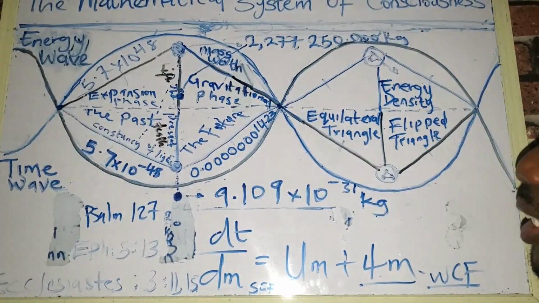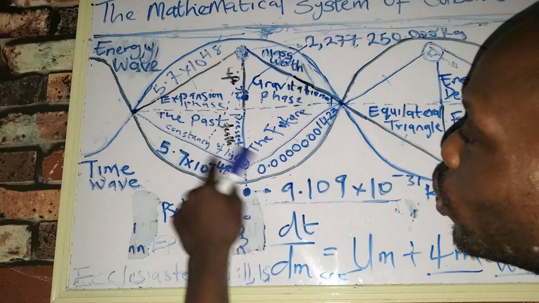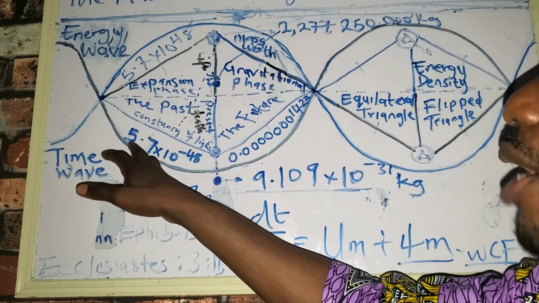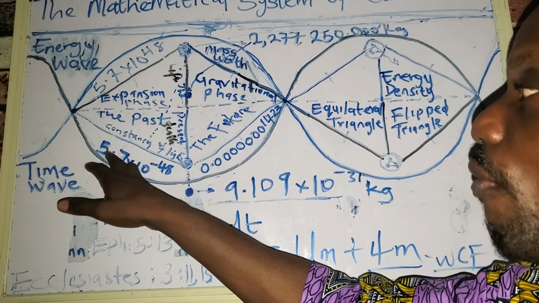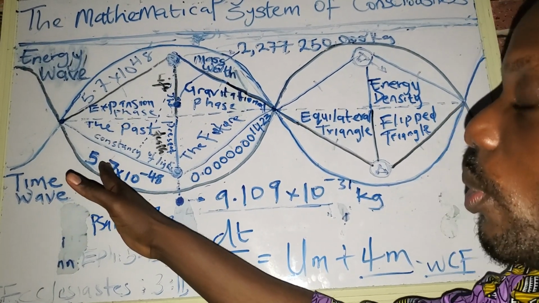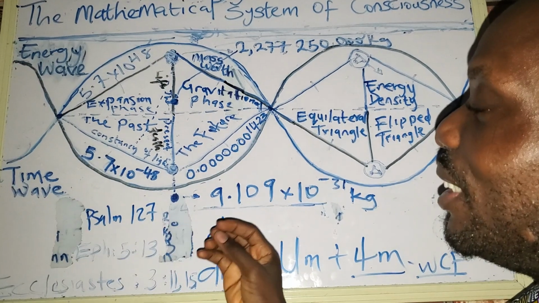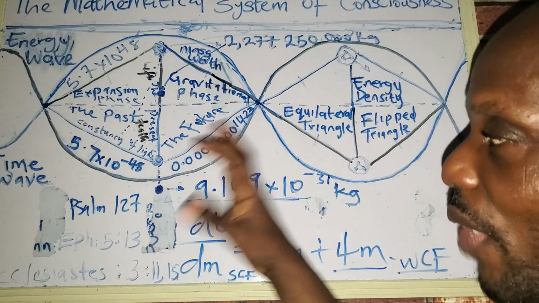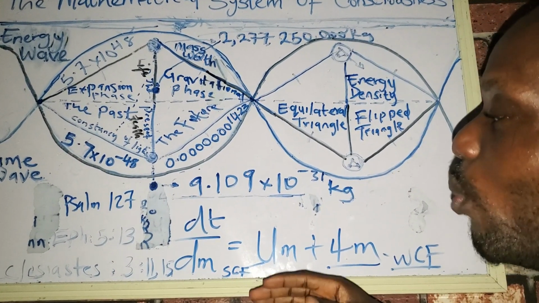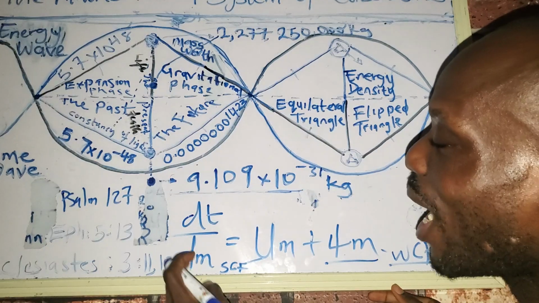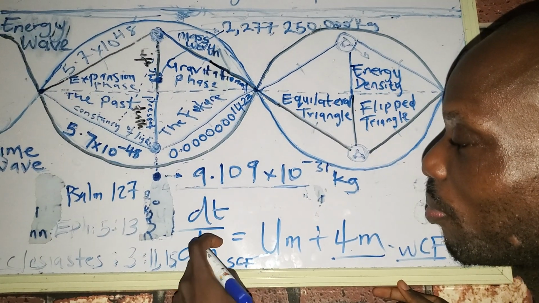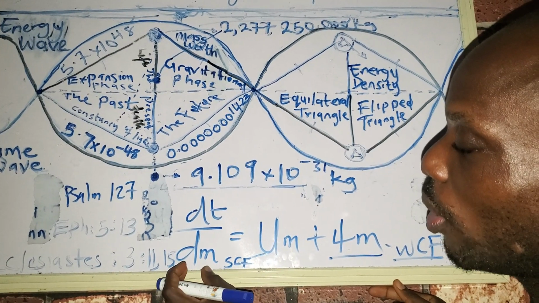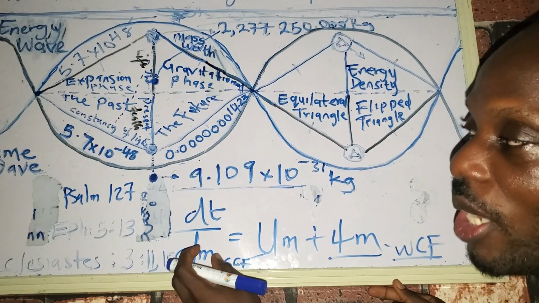You understand? But now, when you supply this, I call this quantum wave amplitude value, 5.7 times 10. Now this value will vary based on the size of mass that we put in the formula of everything. It will vary, and that is why we say we need to track the evolution of time relatively to emergence of mass convergence.